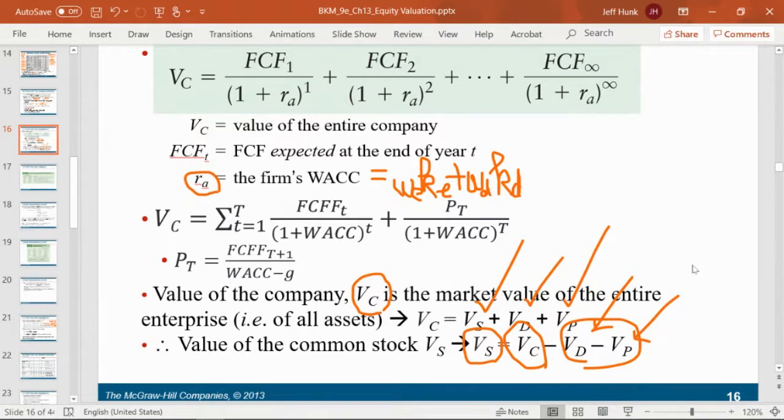In these models, they always assume that the market value is equal to the intrinsic value, right? The rational value or the fair value of the debt or of the preferred. Of course, this is under the assumption that the market is in equilibrium.